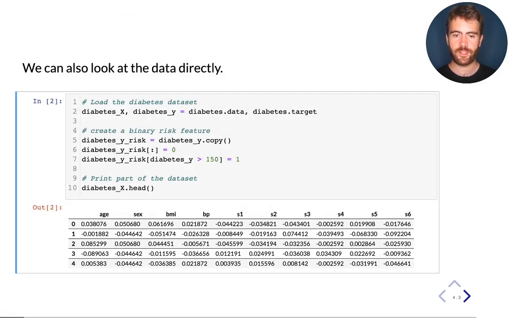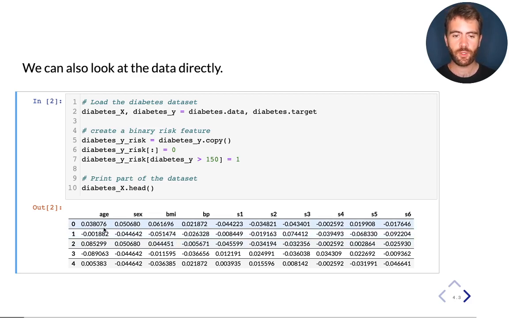If we inspect the data directly, we again have this data frame that we have already seen. We have certain columns: age, sex, BMI. If you haven't seen the earlier lecture, you should know that these columns are normalized.